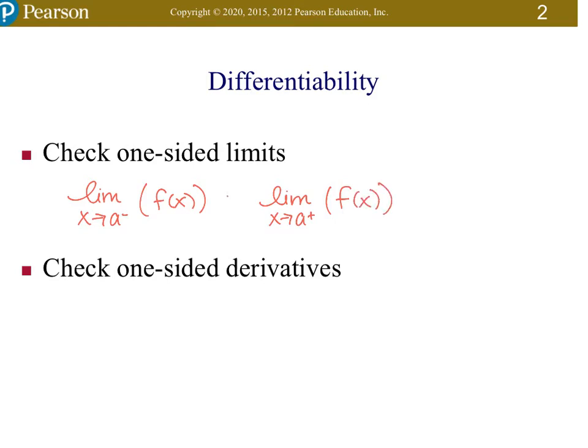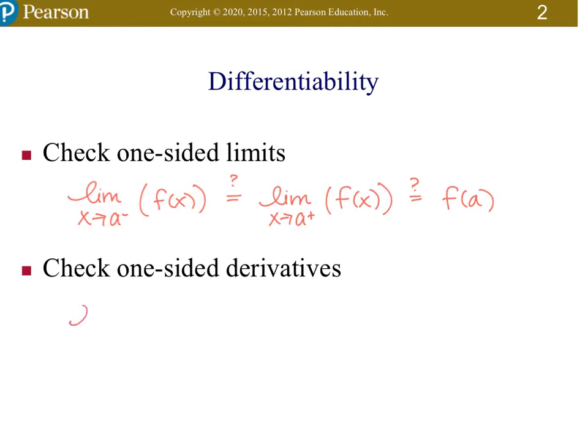We had to establish whether or not those two things were equal. And if they were equal, then we also had to check the value at f of a itself to see if that was equal. So three things all needed to be equal when we checked our one-sided limits.